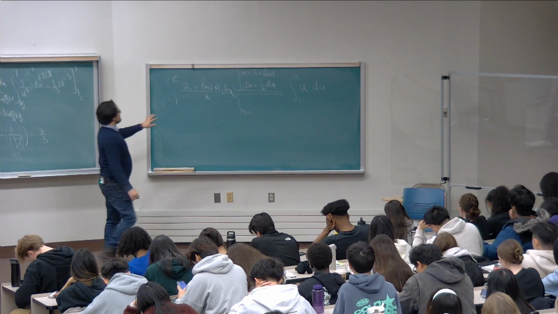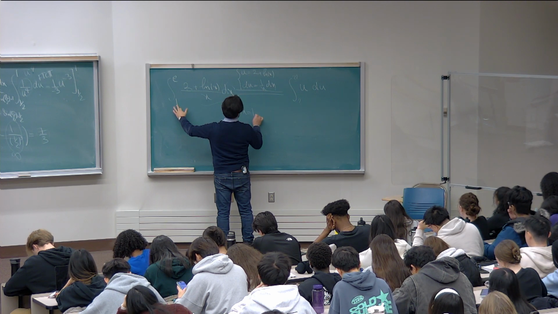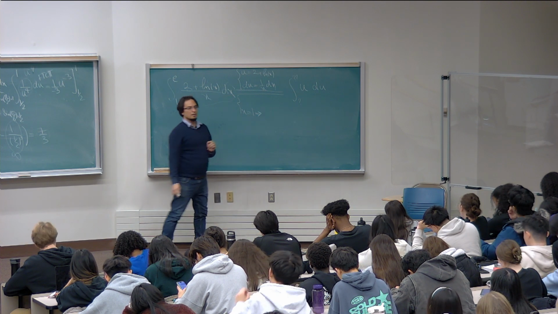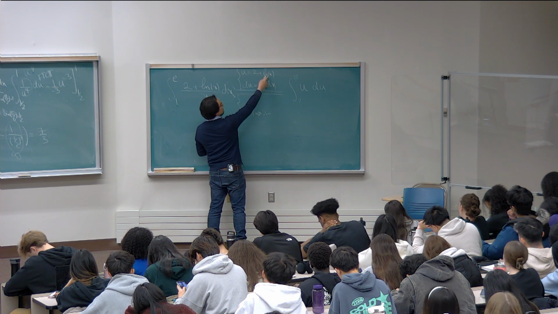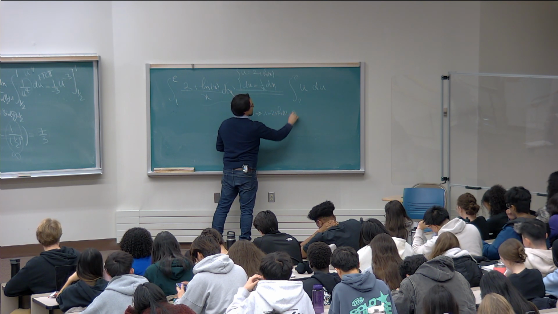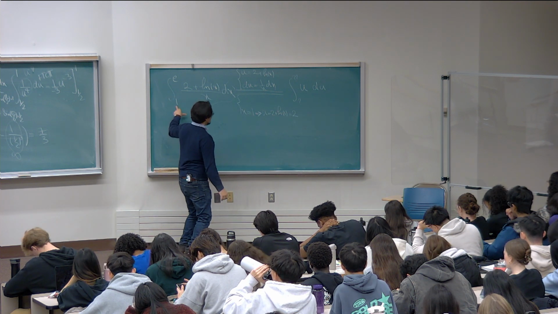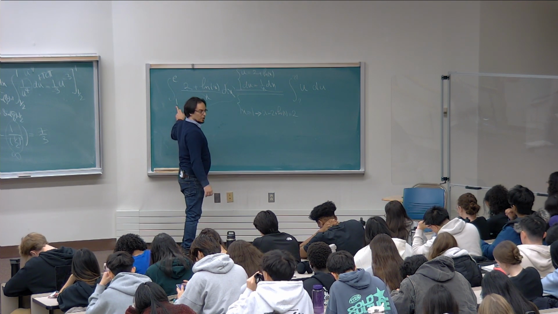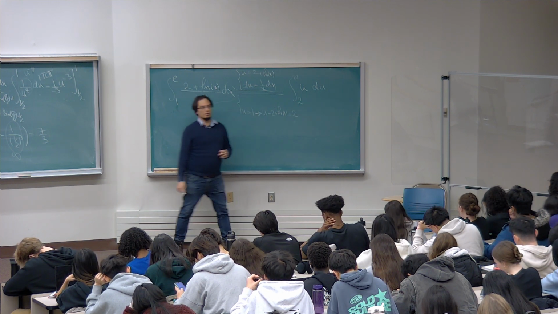And finding that is just simple work, because the lower limit in the x integral is 1. The lower limit in the u integral would be plugging 1 there: 2 plus ln of 1, which is 2. So my 1 in the x integral changes to 2 in the u integral.